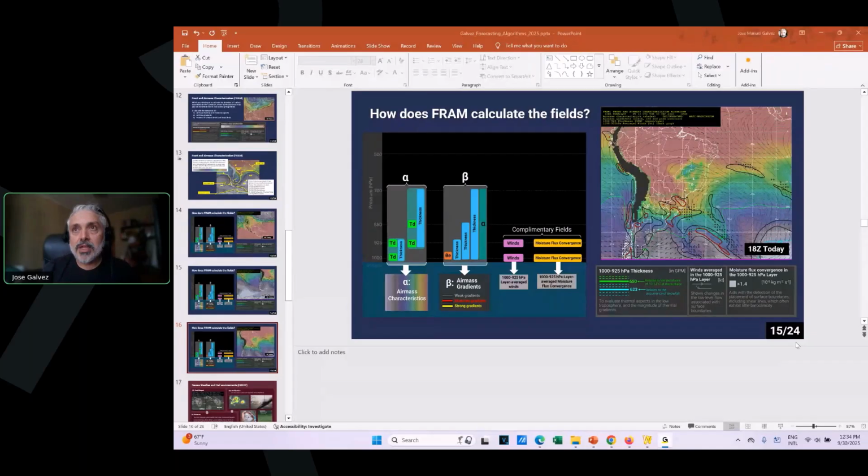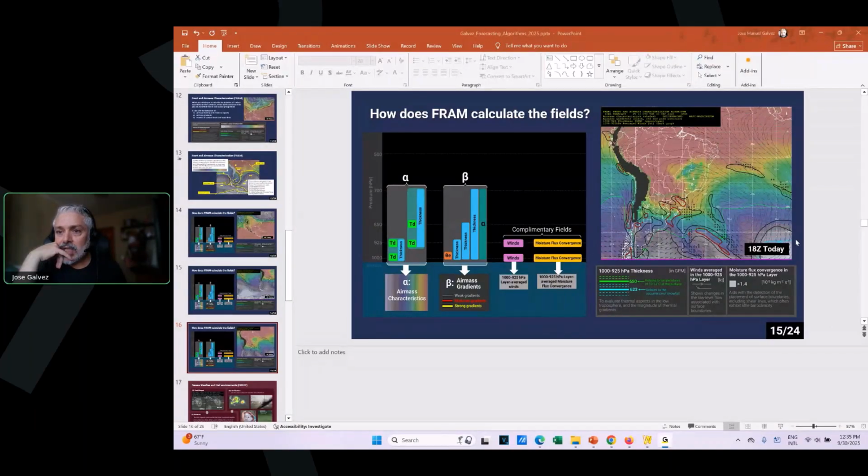I'm speaking about the Caribbean. Dust intrusions are usually associated with a strong surface inversion and also very dry air in the mid-troposphere, so very low GDI. So indirectly, you can qualitatively infer where you might have a dust intrusion, but it doesn't use dust for the calculation.